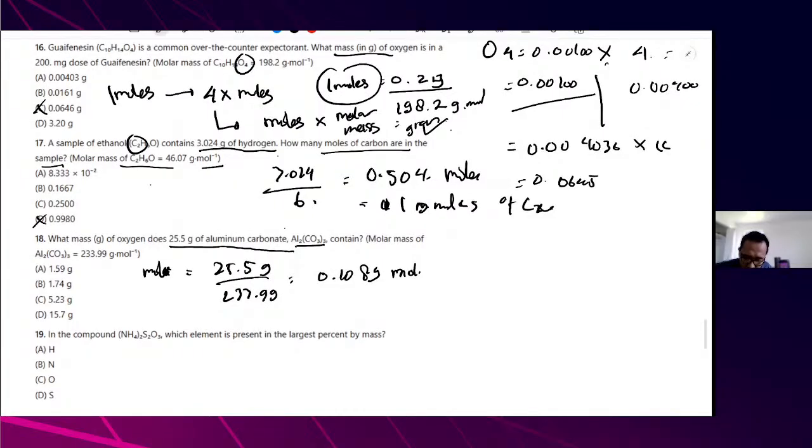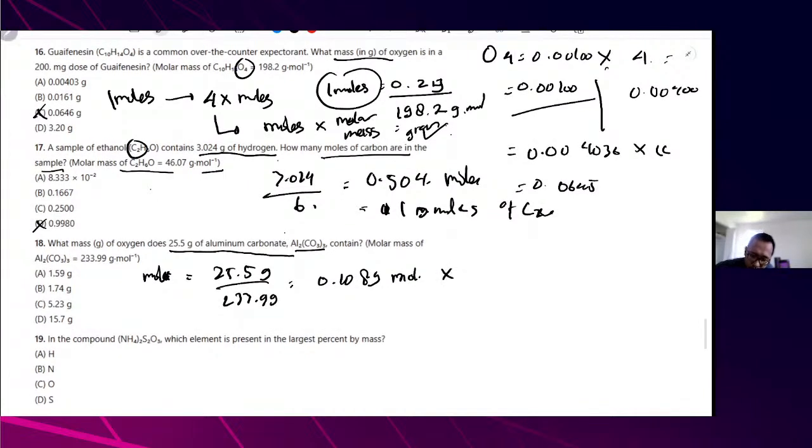Oxygen here is 9 per formula unit, so times 9 gives about 0.9808 moles.